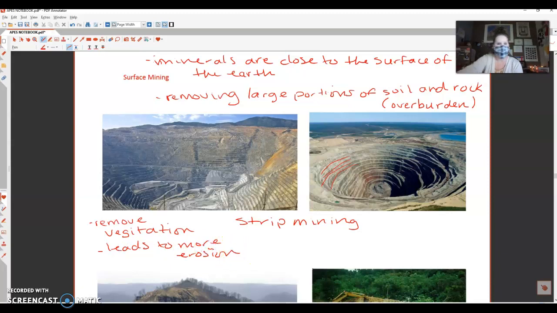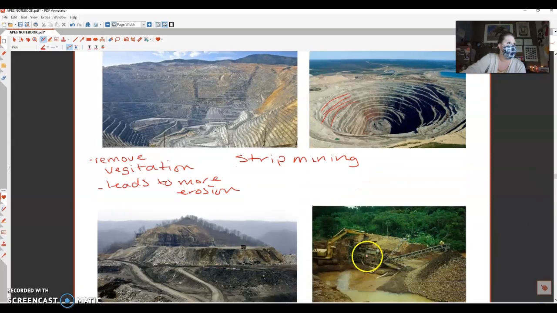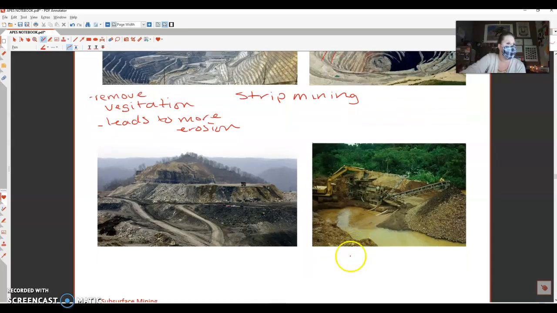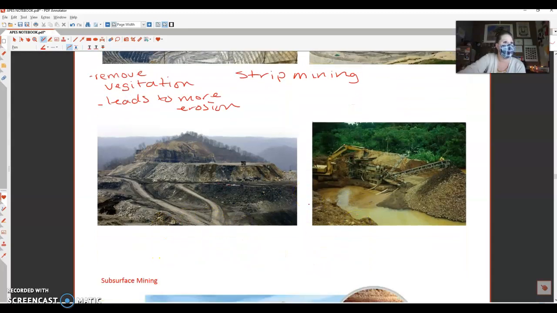All right, now these are surface mining. These are two other examples of surface mining. Now, these are not strip mining, so this one is basically what we call mountaintop removal. So this is a mountain that is currently being mined, and they've taken away massive chunks of it, and they usually have to do this with dynamite. And this one is they're basically dredging the surface of a lake or of a river, and you can see how heavily polluted this water is now.